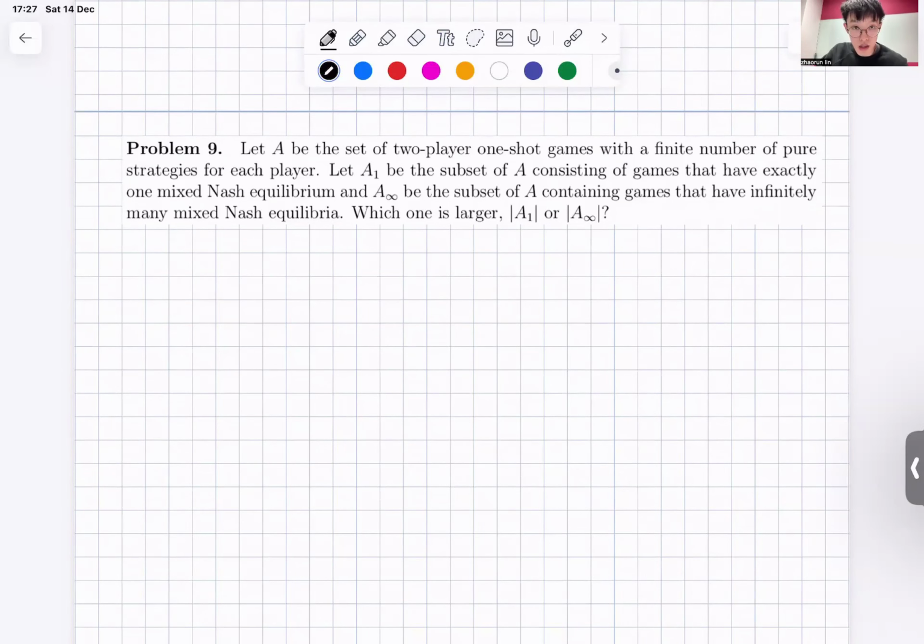For problem 9, we want to show which one is larger: the set of games that have exactly one mixed Nash equilibrium, or the set of games that have infinitely many mixed Nash equilibria. We want to show that they are equal.